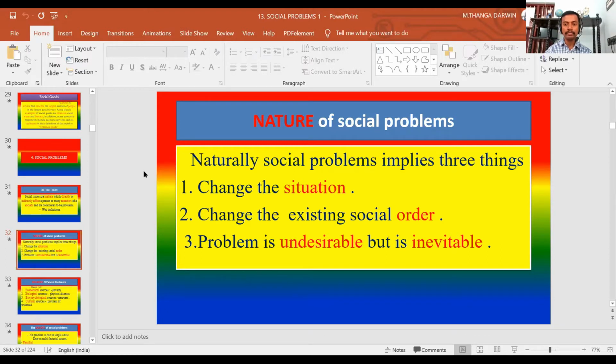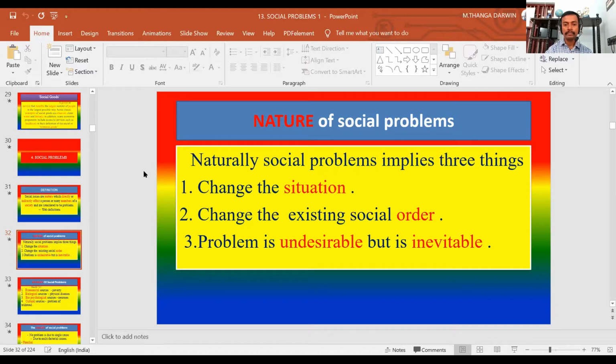Already we have learned about social organization. Order means every society has a family, religion, education, economic or occupational system, and political system. Any misarrangement, or any part not functioning well, causes these social issues.